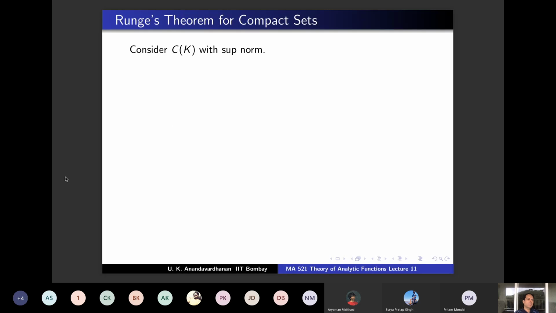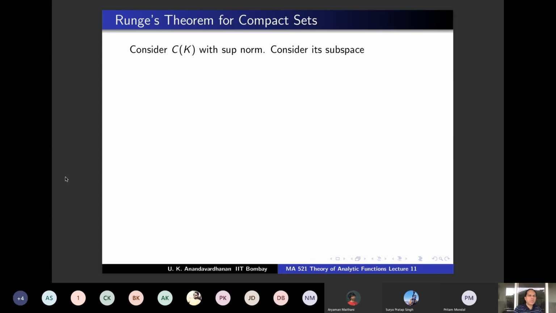So the space that we are going to consider, this is a functional analytic input. It is C(K) with the sup norm, and we are going to consider its subspace. What do we have to show? We want to say that if you consider a holomorphic function on an open set containing K and restrict to K, then that can be approximated by rational functions, right?